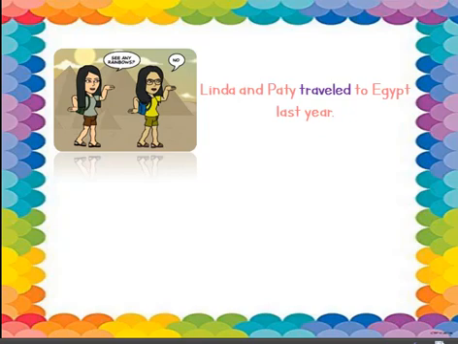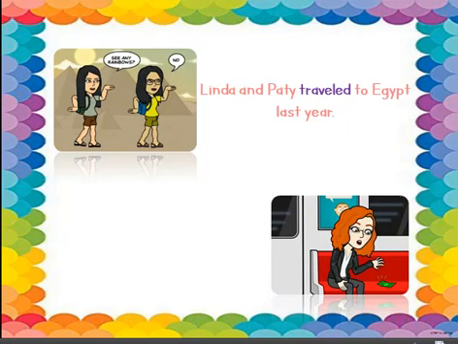Once again, our verb traveled is in simple past. Jeannie found money in the subway last night. The verb find is in simple past. Found. Jeannie found money in the subway last night.